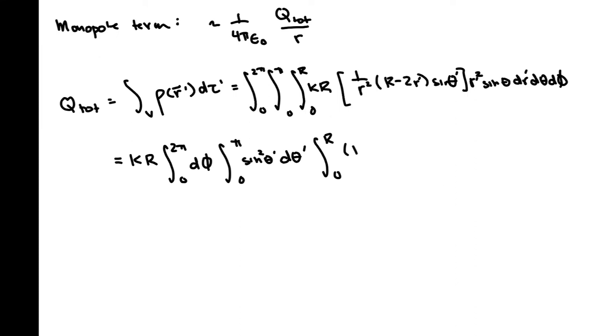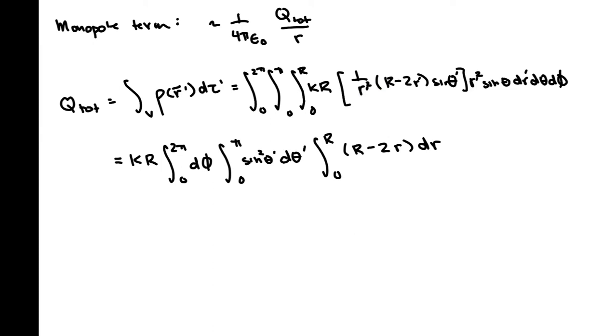So I'm left with the integral of (R minus 2r) dr, okay? By the way, all of these things should have primes. That occurs because I'm going to divide everything by r prime squared, and I got an r prime squared over here. So I'm just left with this guy here.